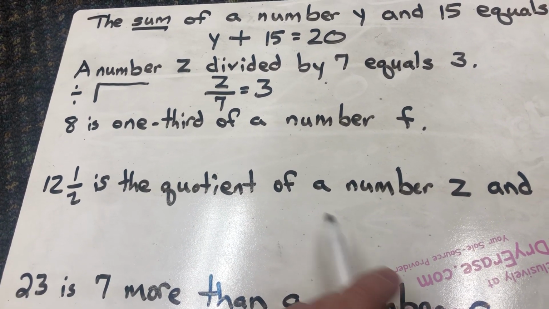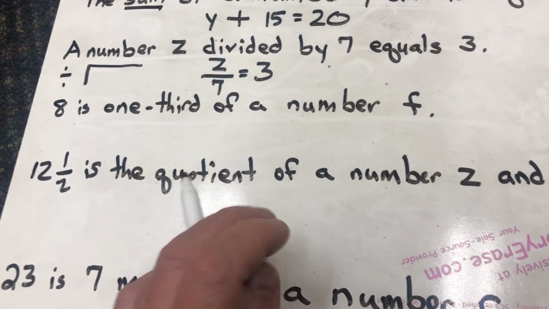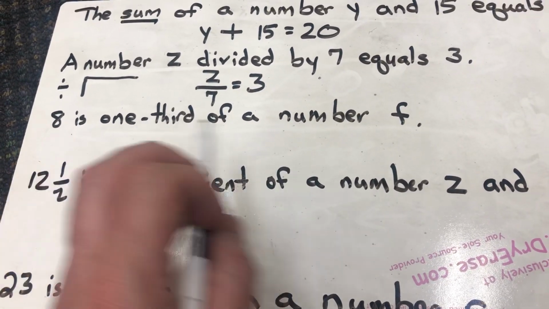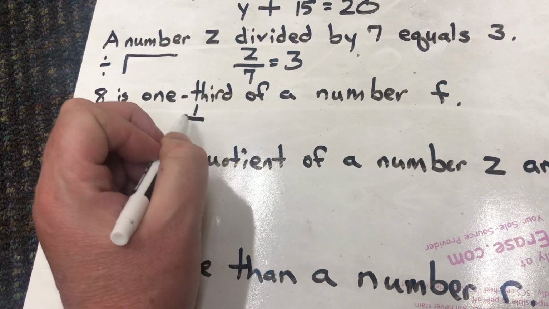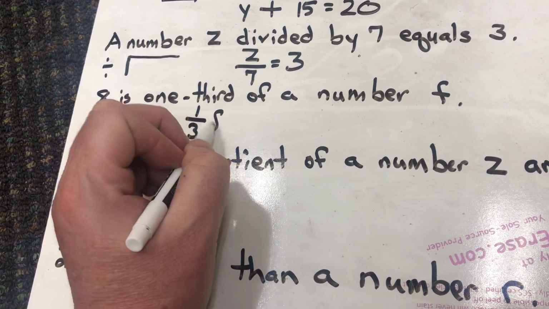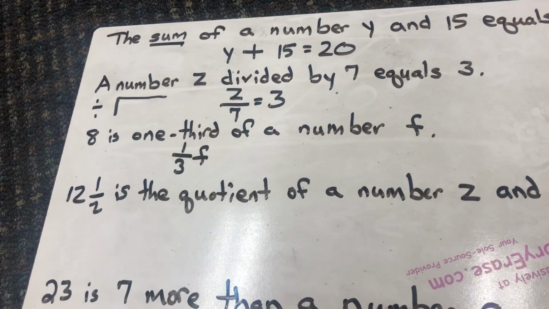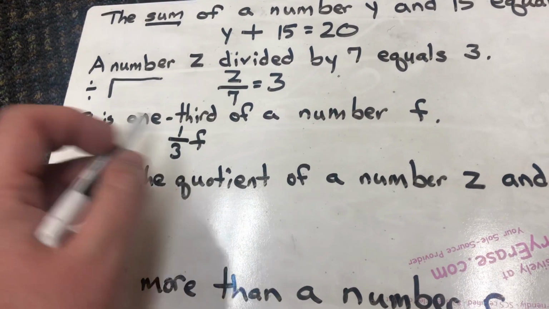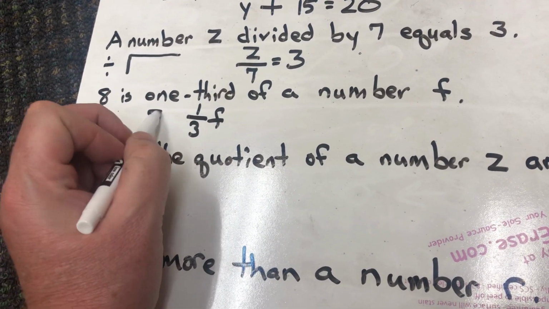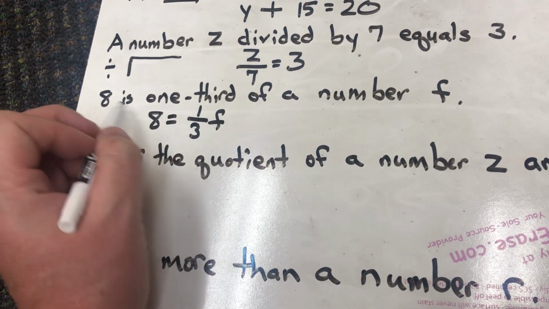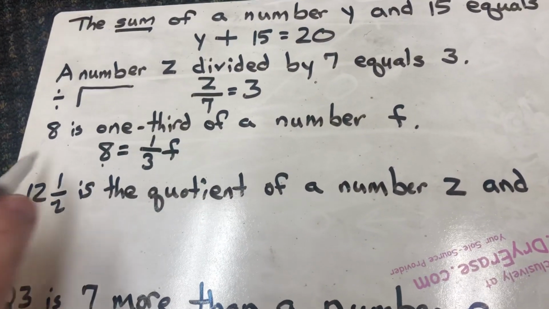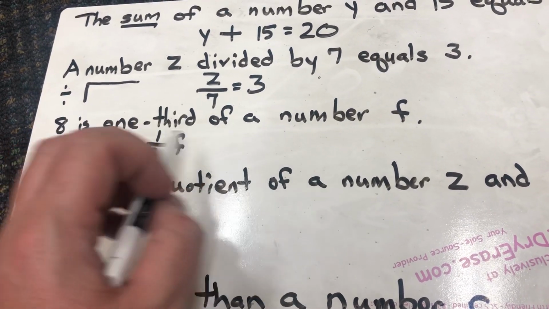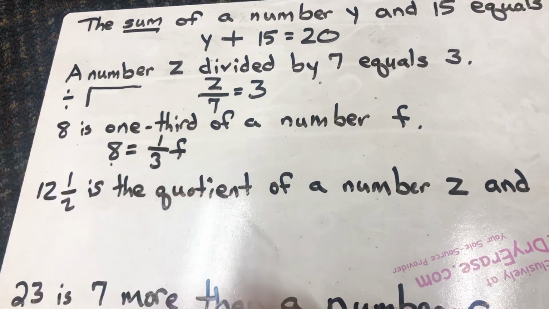Now, once again, it says 1/3 of a number f. When I multiply a number with a variable, I always like to put the number first. So I'm going to put 1/3 f, and it says 8 is, which means my 8 needs to come over there. 8 is, I need to start with 8 equals. 8 equals 1/3 of a number f.